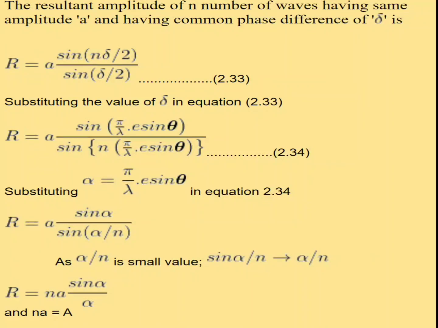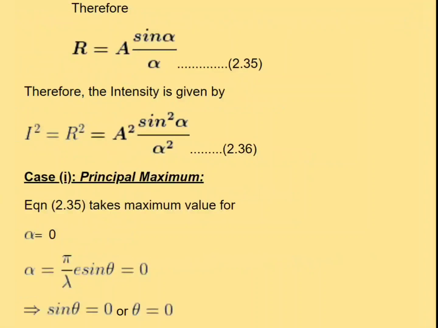So finally resultant amplitude is nA sin alpha by alpha. For simplifying calculation, let us assume nA as capital A. Therefore resultant amplitude capital R is A sin alpha by alpha.